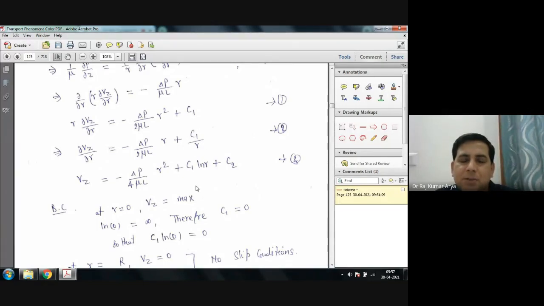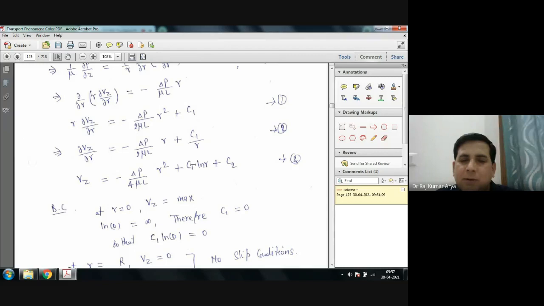So to make it finite, you force the constant C1 to be equal to 0, because an infinite value is not possible in this case. So you get your constant C1 as 0.